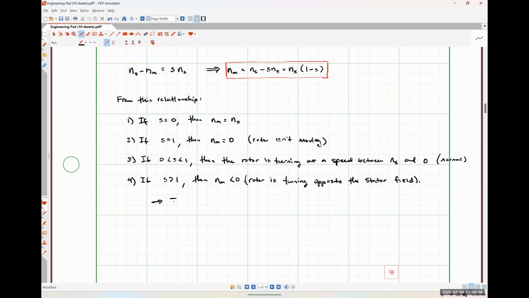And I'm just going to put a note down here. Actually, sorry, I got a little bit mixed up, but I'll explain it in a second. This can only be true if external mechanical power is supplied to force the rotor to turn this way.